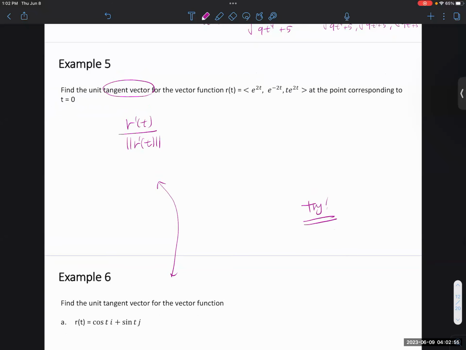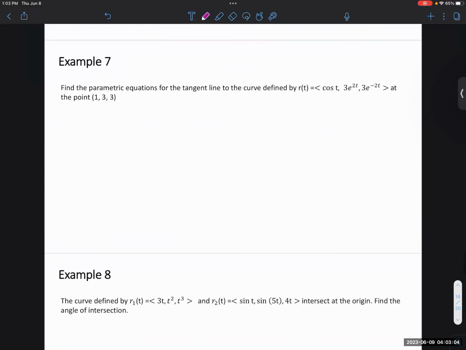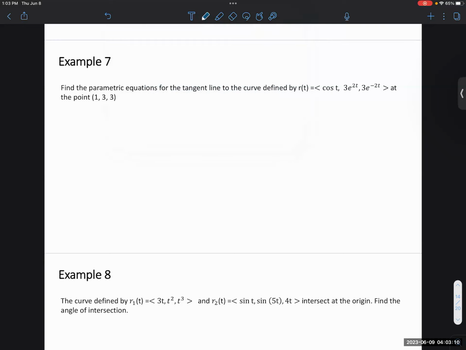I want to do a more complicated example. Are you ready? Let's take a look at the question, which is actually more difficult. It's a little bit different, but here it's related to the unit tangent vector. Find the parametric equation for the tangent line to the curve defined by the r vector at the point 1, 3, 3.